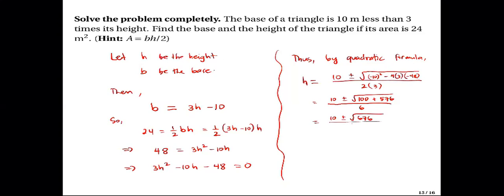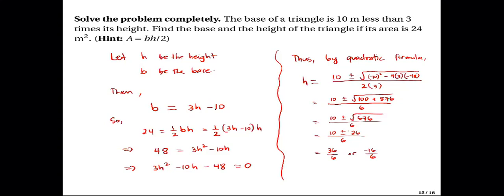So we have here divided by 6. We now have 10 plus or minus square root of 676. It's equal to 26. Then divided by 6 in here. So here you have 10 plus 26. That's 36 over 6. Or you have 10 minus 26. That's negative 16 over 6.